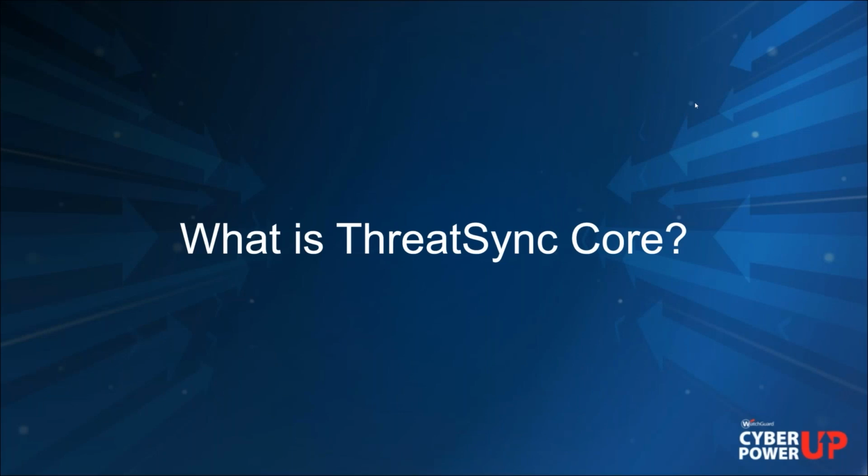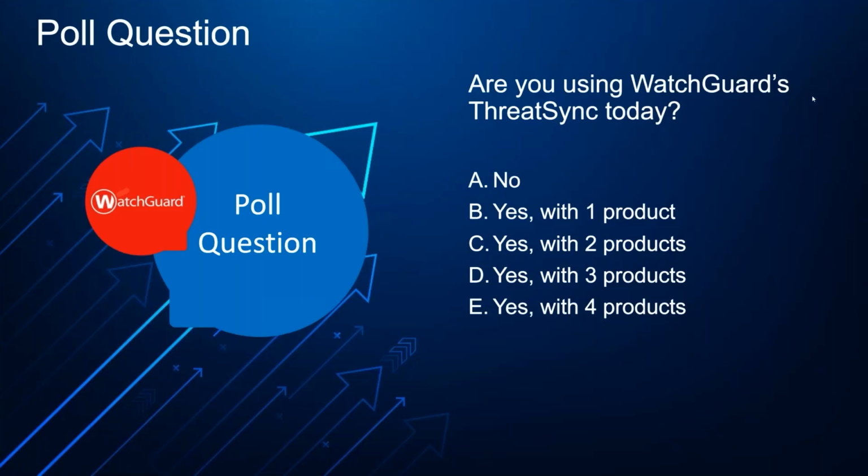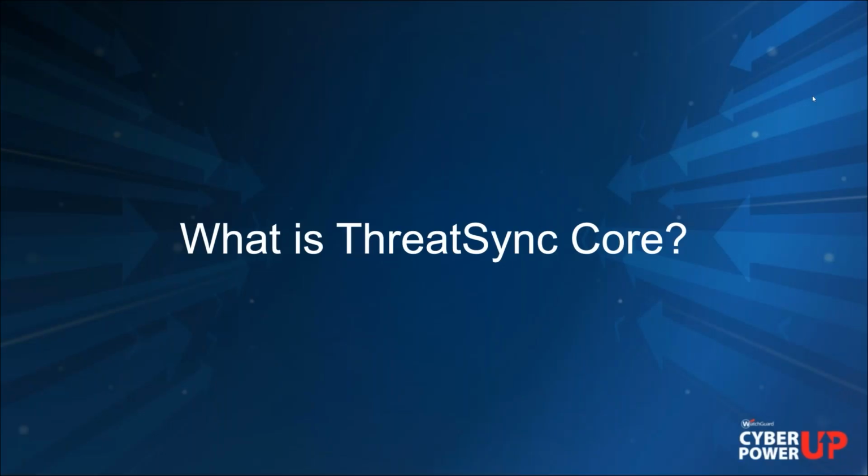So, what is ThreatSync Core? Now, with ThreatSync Core, it is, again, like I mentioned, our XDR solution for all of our products. So the telemetry that feeds in from our firewalls, the telemetry coming from our access points, from our identity, from our endpoint security, as well as very shortly our network detection response and our SaaS detection response all feed into ThreatSync Core.